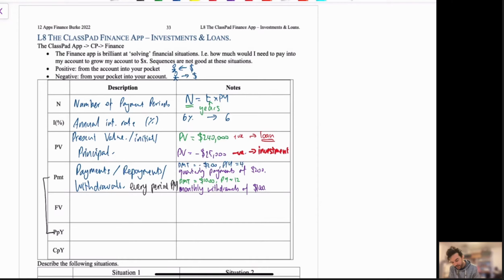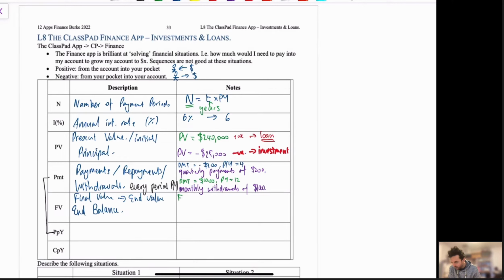FV is your final value. You can call it the end value or the end balance of your account. Now, we're going to look at two examples here for this as well.